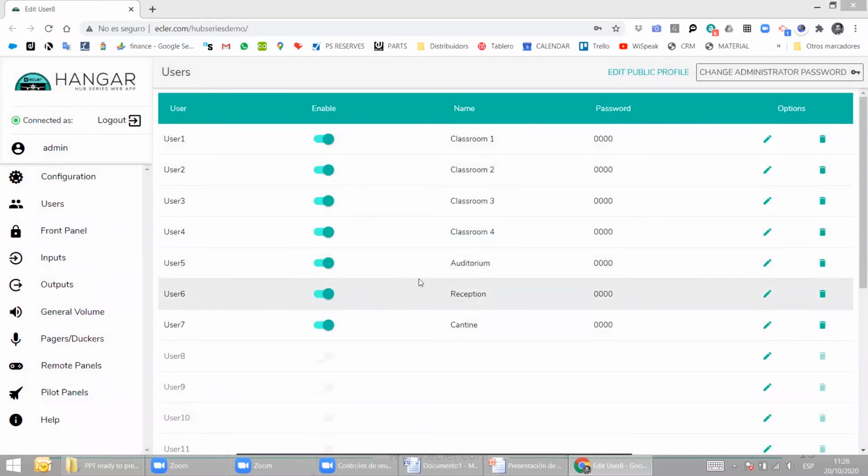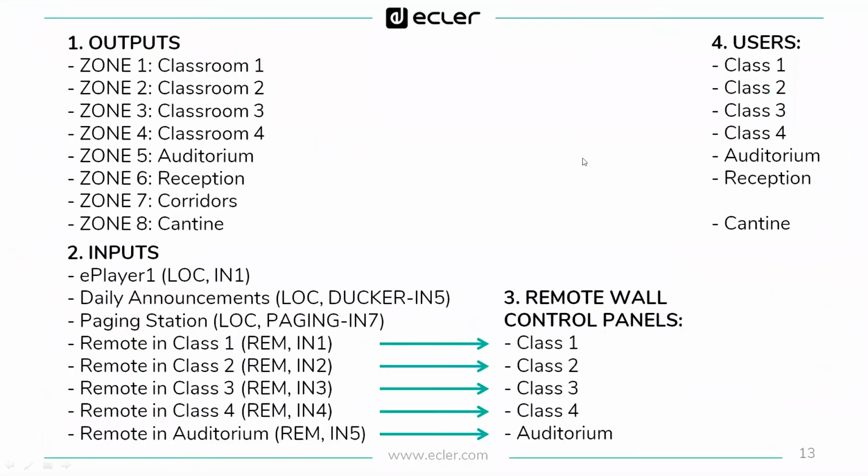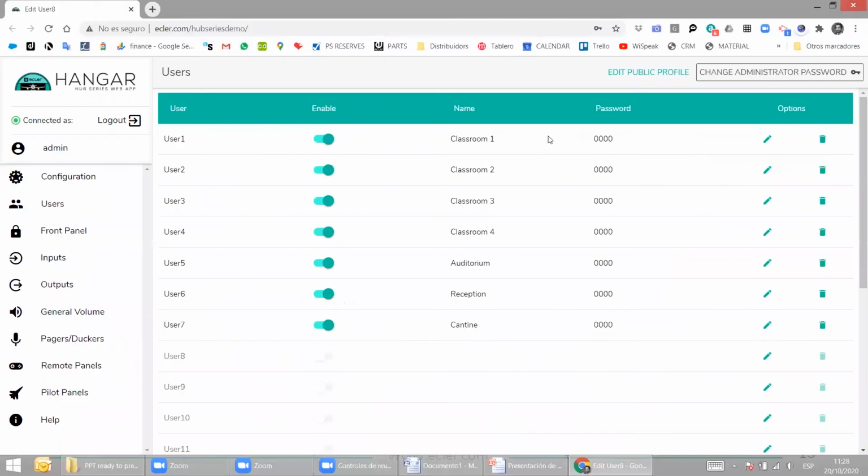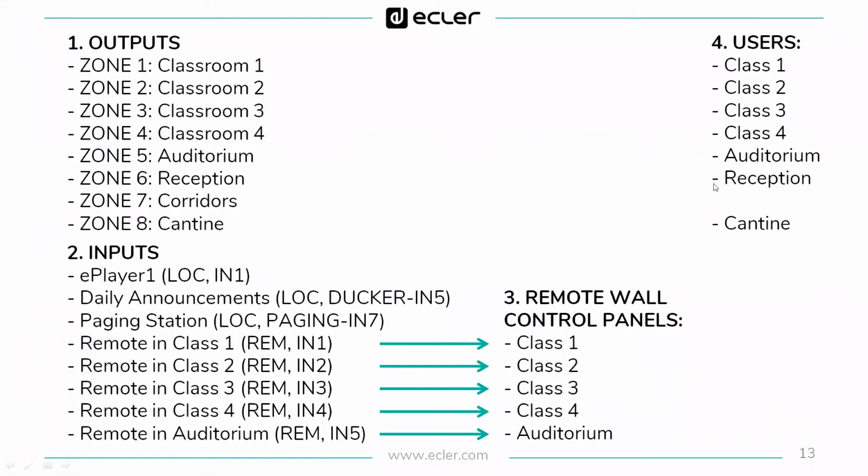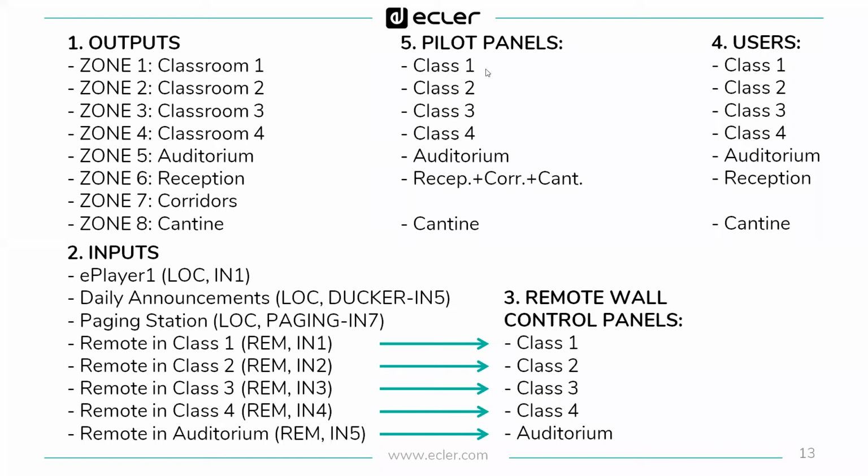Once users are created, very easy. By the way, I gave password 000 to all of them. Once users are created, we have to know what panels we need. We think about the panels the same way as we thought about remote wall control panels.